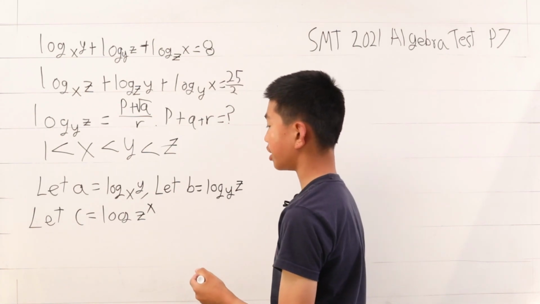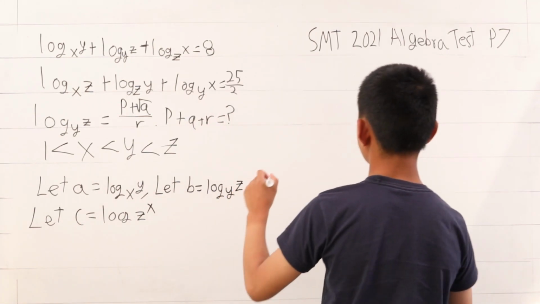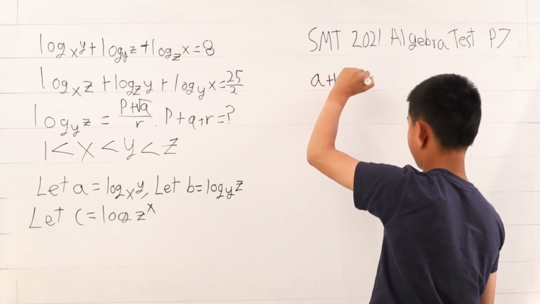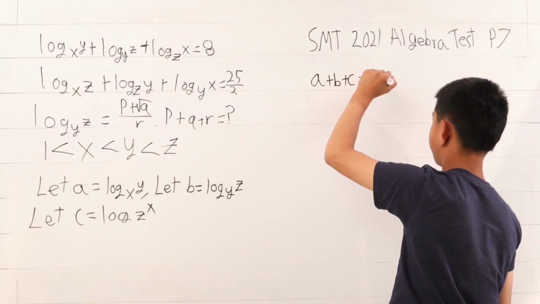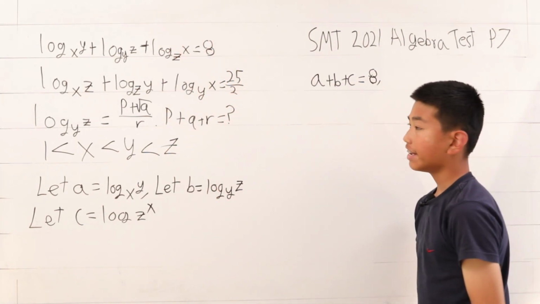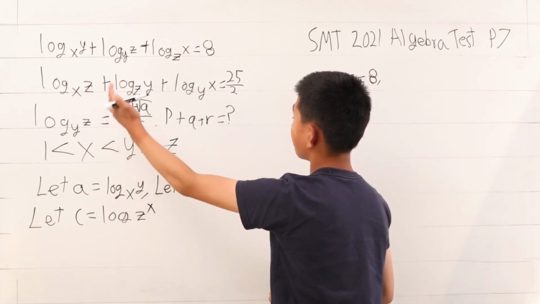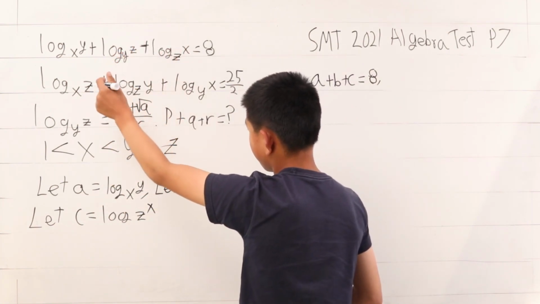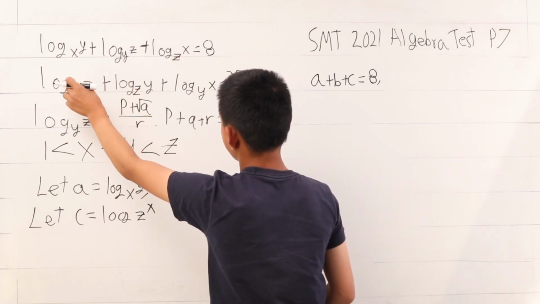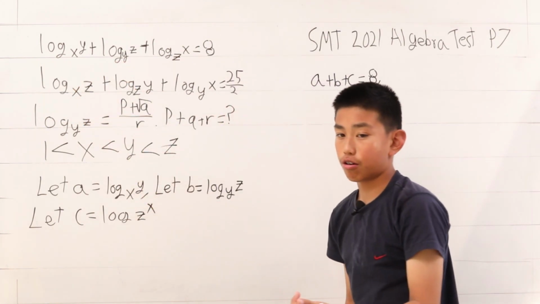So we just plug them in. a plus b plus c is 8. And that's our first formula. Our second one, we notice that these are basically a, b, and c, but all these variables are flipped around.